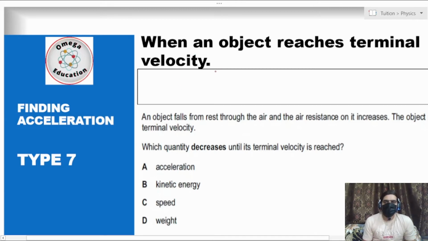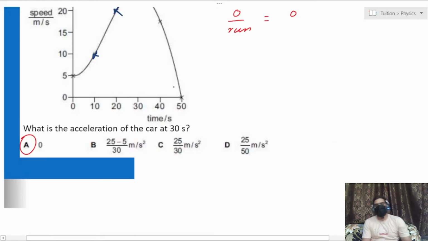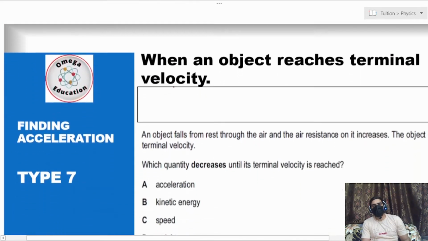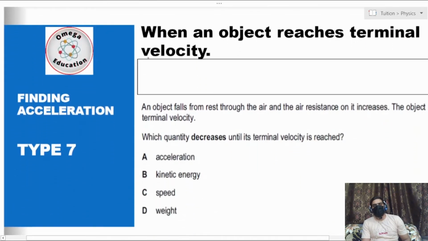Now, whenever an object reaches the terminal velocity, its acceleration would be 0.